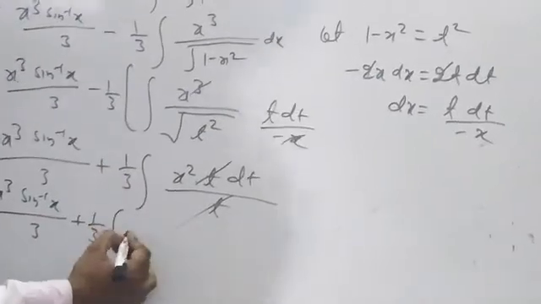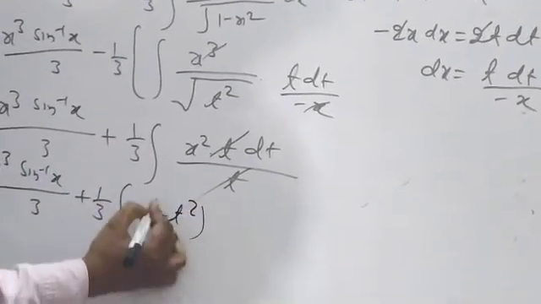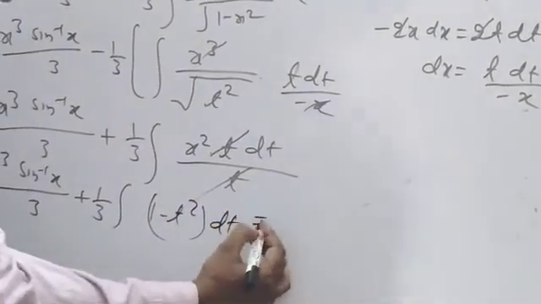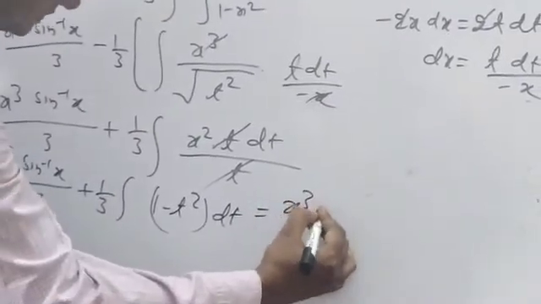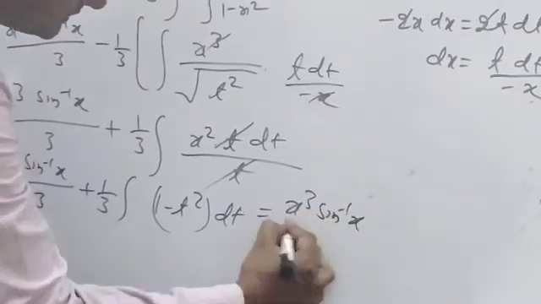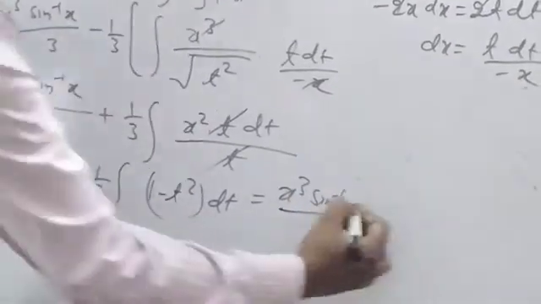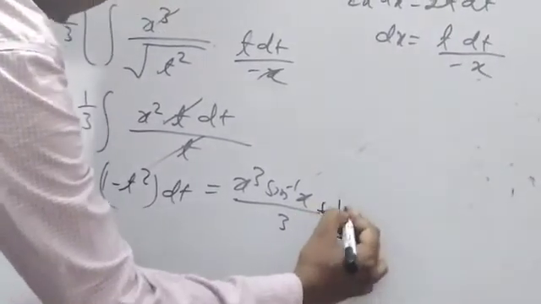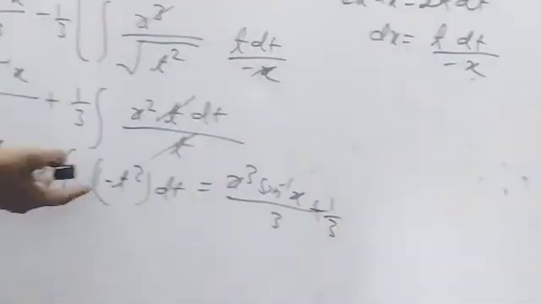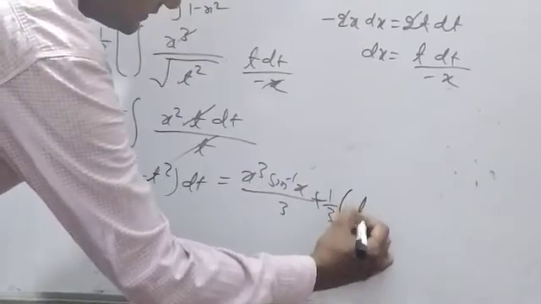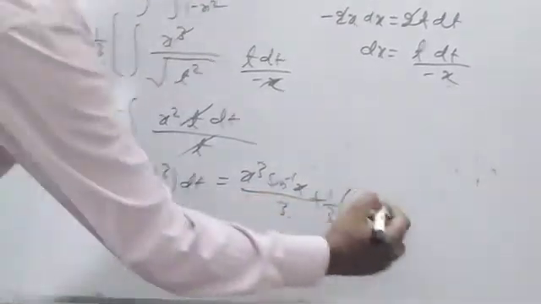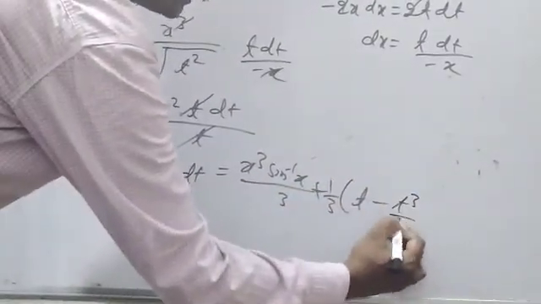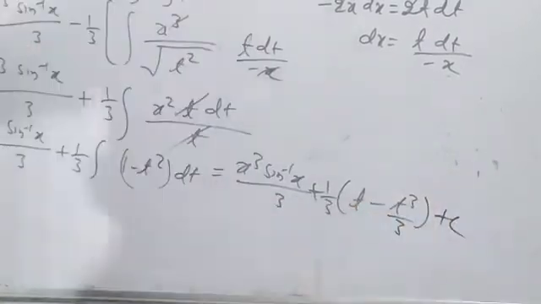So x cube sin inverse x upon 3 plus 1 by 3 and the integration of 1 minus t square dt, which means t minus t cube by 3 plus c.